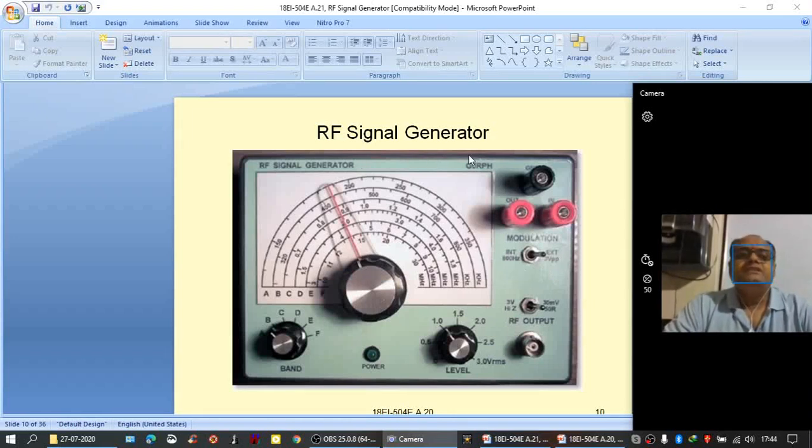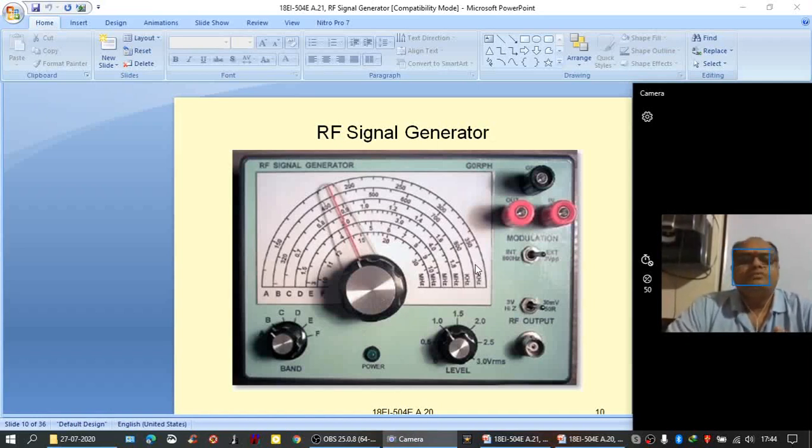The RF signal generator is used to provide carrier frequency for modulation techniques. An RF signal is a high frequency signal, and a high frequency signal is used as a carrier frequency for data transmission.